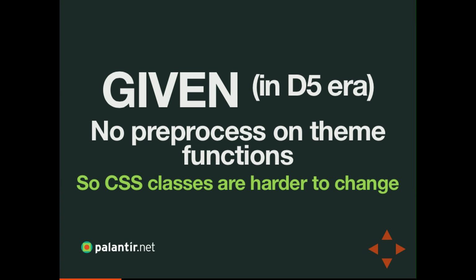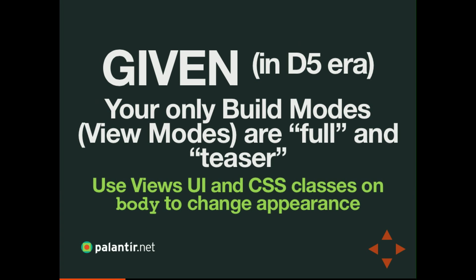It's a given in the Drupal 5 era that you can't preprocess theme functions. If you're using theme item list in Drupal 5, you can't alter those variables before they get to the function that prints them. We can do that now in Drupal 7, but at the time, it was simply harder to make minor tweaks to CSS classes. So we didn't. In the Drupal 5 era, we didn't have this robust concept of view modes.